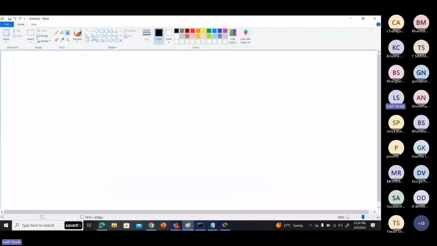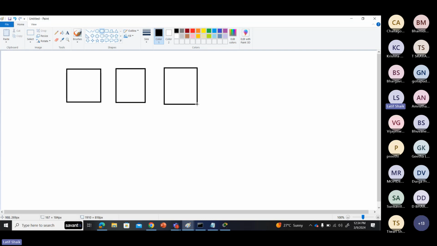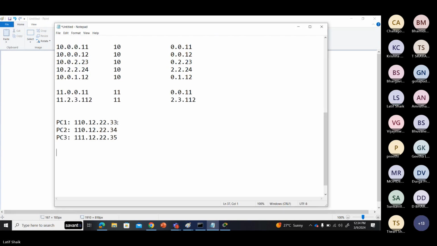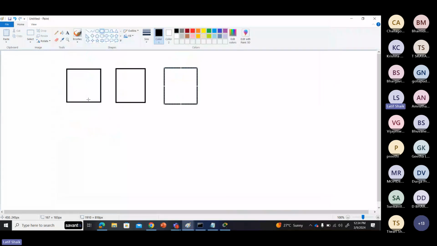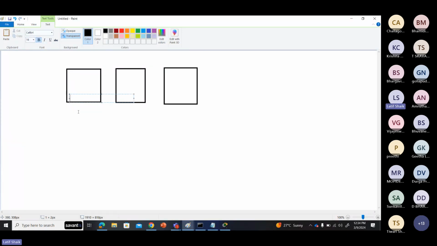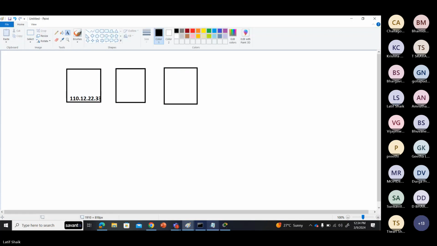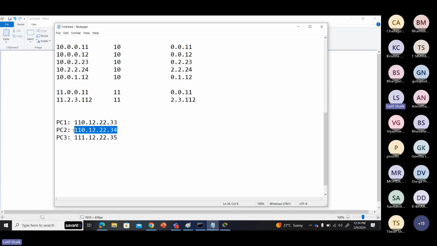I test communication: PC1 to PC2 communication is there, but PC3 is not able to communicate. Understand, guys, PC1 and PC2 communicate with each other. Why? Both are in the same network.